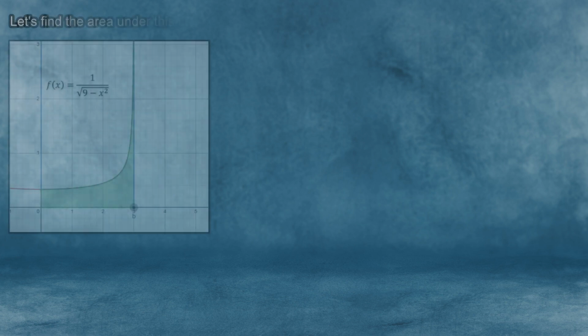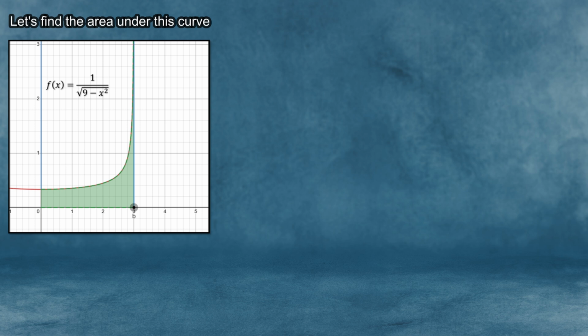Let us compute the area under the curve of the function 1 over the square root of 9 minus x squared in the interval from 0 to 3. As we can notice, 3 represents an infinite discontinuity for this function. But either way, we can compute the improper integral.